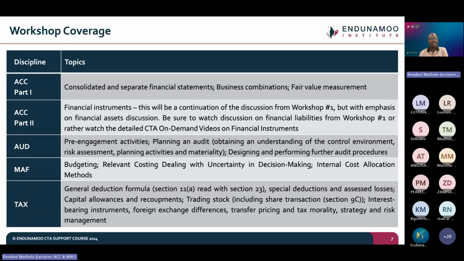Then in other aspects, the topics for level 1 and 2 are very much aligned, and we are going to therefore work together in that regard. So there's decision making for CTA level 1 and CTA level 2.